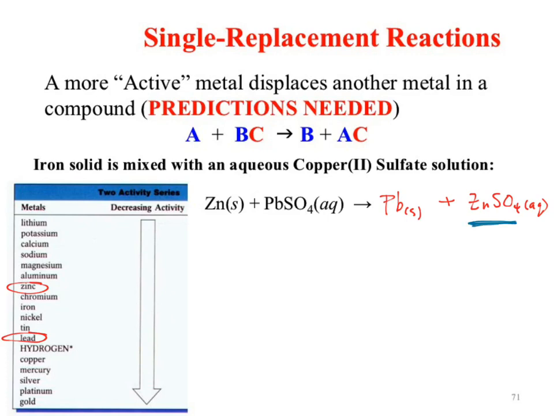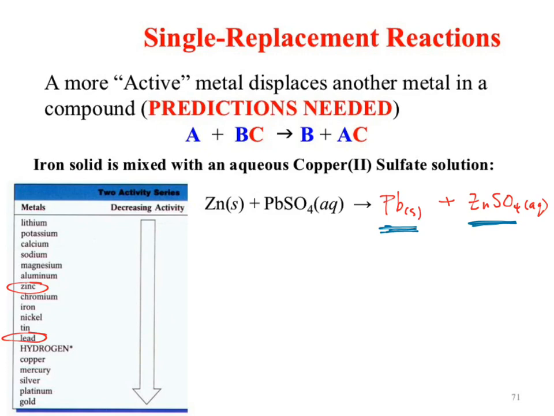So we looked at it as the extrovert. Let's look at it as the introvert. Lead doesn't want to be with people. Where is lead away from other things? So if I now mix zinc solid with lead sulfate into a single solution, what happens? Well, the products happen.